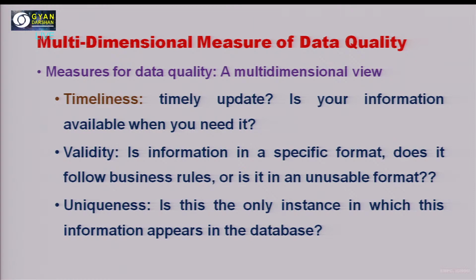Validity is another metric. Is the information in a specific format, does it follow the business rule, or does it have some unusable format? Or you have uniqueness. Is this the only instance in which the information appears in the database? Because if you don't have unique data, you might end up with duplicate data.